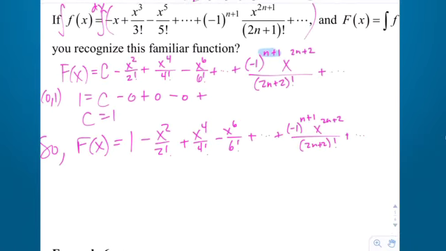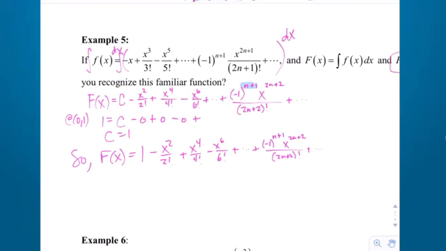Now, once we have that initial condition, do you recognize the function? Yeah, it's cosine. What would be the original function then? Yeah, the original function is negative sine. Because notice the terms are opposite signs from what they normally were. So if you take sine and multiply through by negative 1, you get them to alternate the other way.